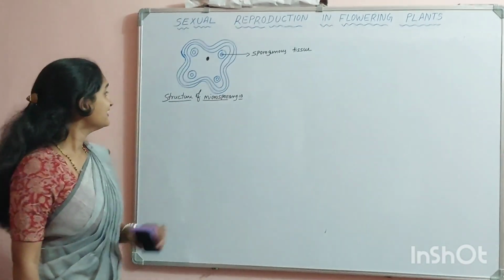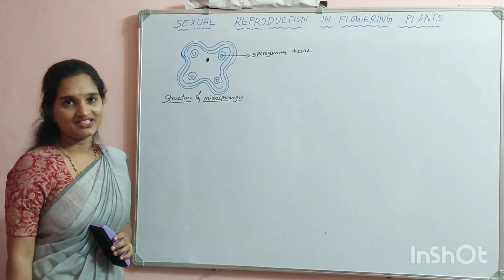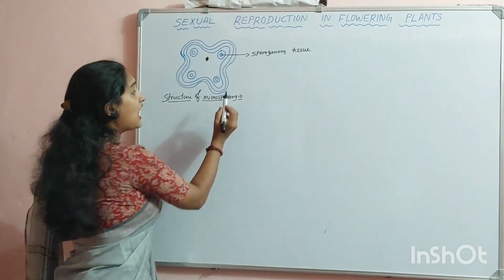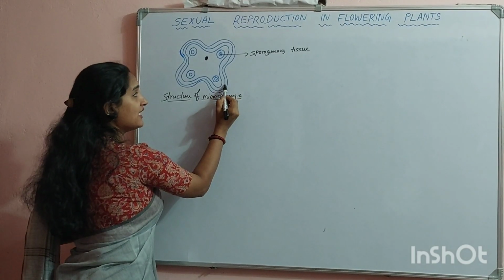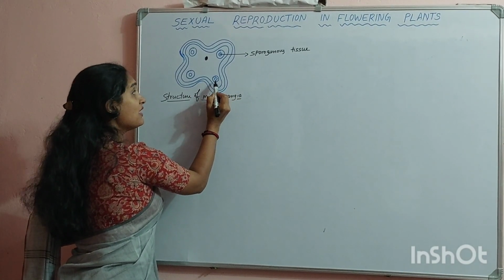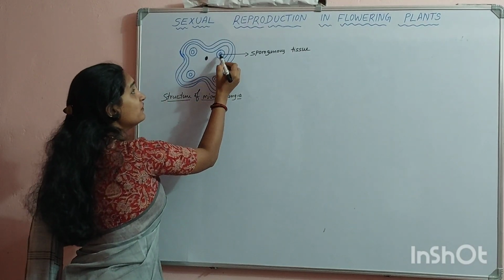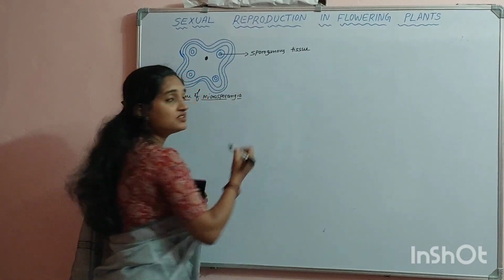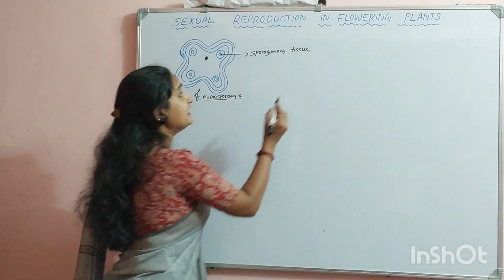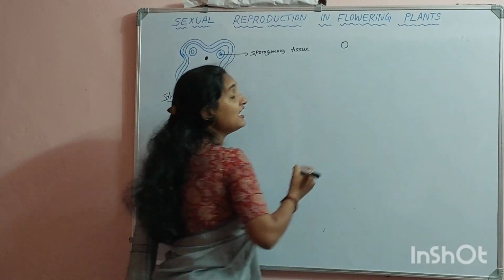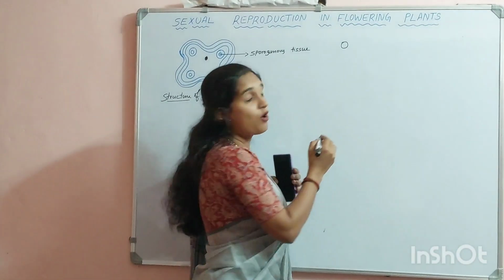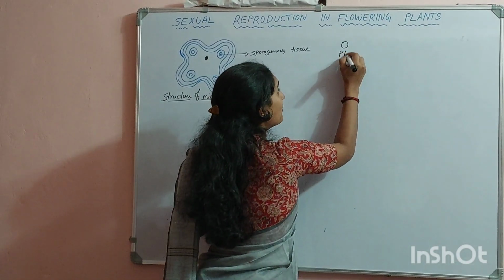We have studied the structure of microsporangia. So microsporangia has 4 wall layers: outer epidermis, next endothecium, middle layer, inner tapetum, and inner to the tapetum we see the sporogenous tissue. It is a homogeneous type of cells, and each cell acts as a spore mother cell, or we call it a pollen mother cell.